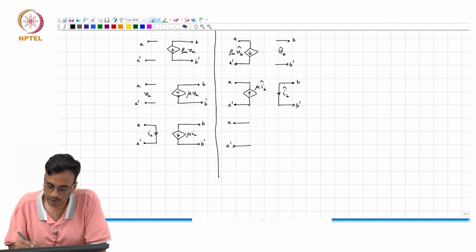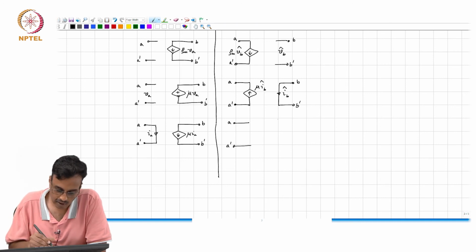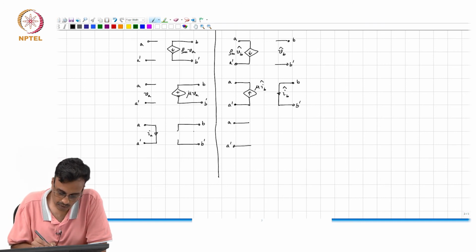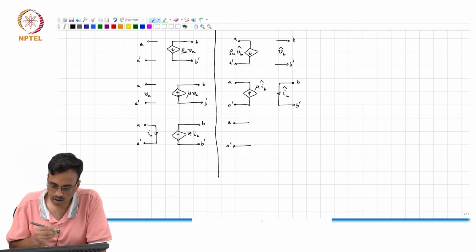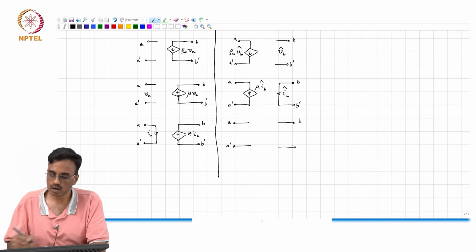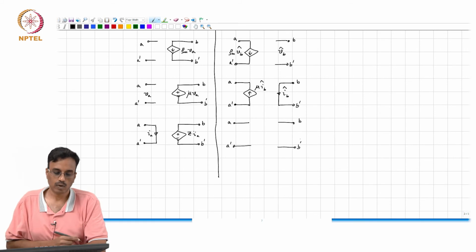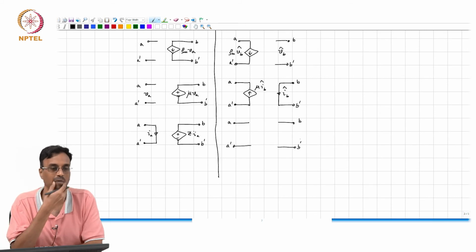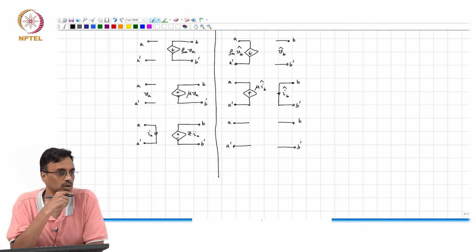This is A prime, sorry, this is a current controlled voltage source. So, this is say Z times IA, this is B, this is B prime. Let us see what we should do. Any thoughts?